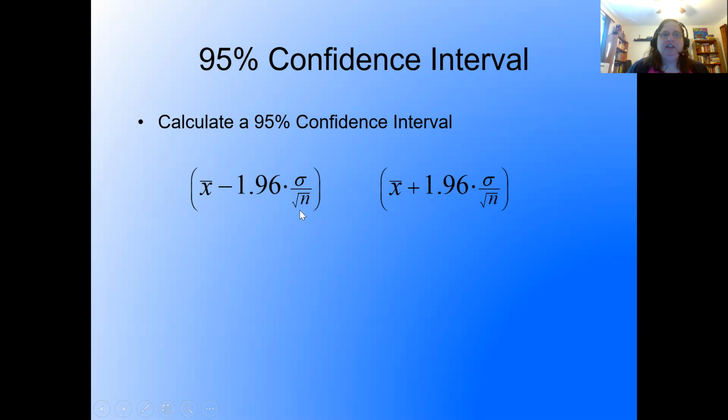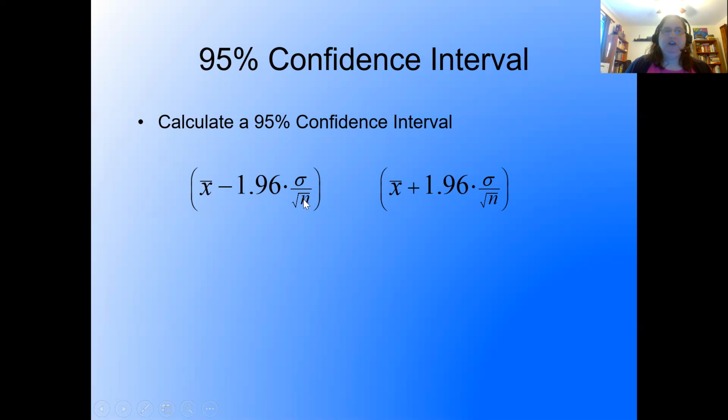Well, we start at the bottom right with the square root of n. Remember, that's the square root of our sample size. Then we take our sigma and we divide that by the square root of n. Remember, sigma is our standard deviation. So this whole thing together, sigma over the square root of n, remember, is our standard error of the mean.